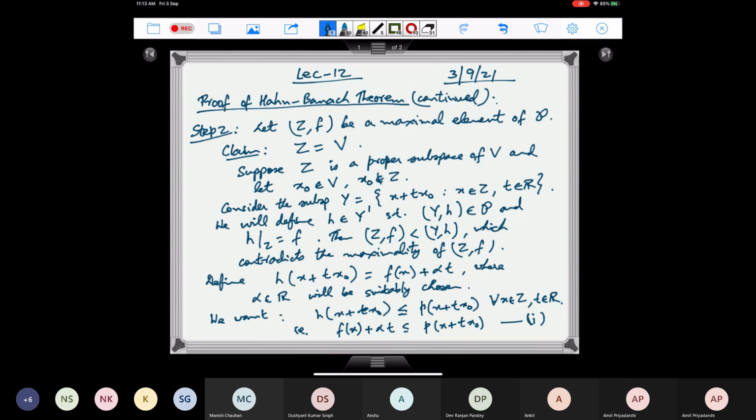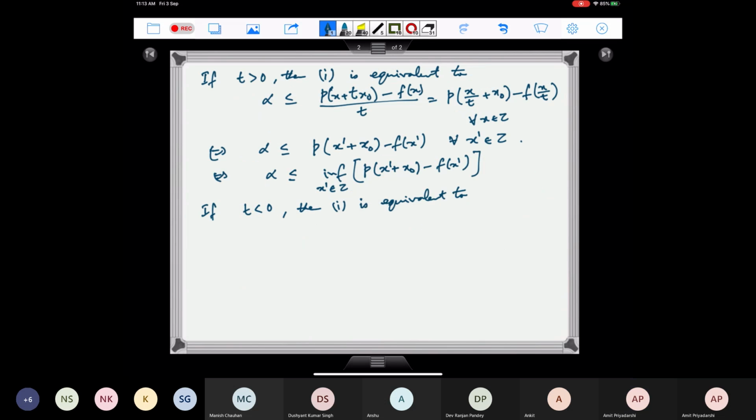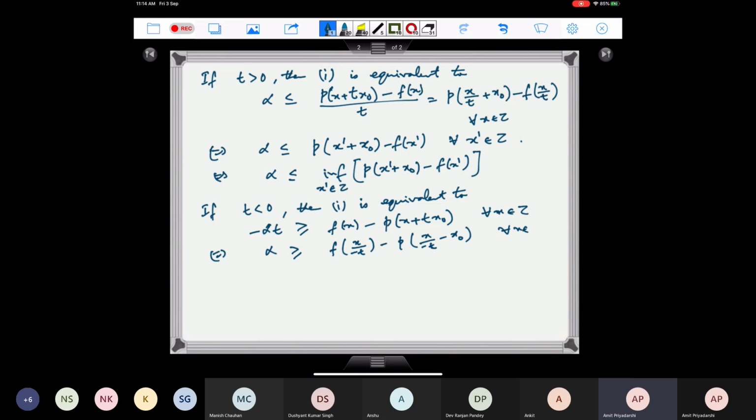So we'll get minus alpha t is bigger than or equal to f of x minus p of x plus t x naught for all x in Z, which will be equivalent to alpha is bigger than or equal to f of x by minus t minus p of x by minus t minus x naught for every x in Z.